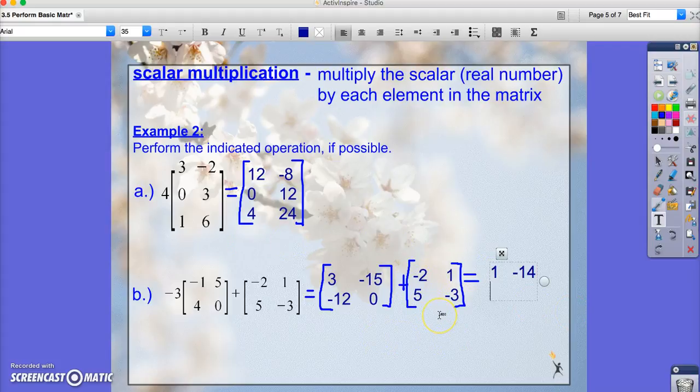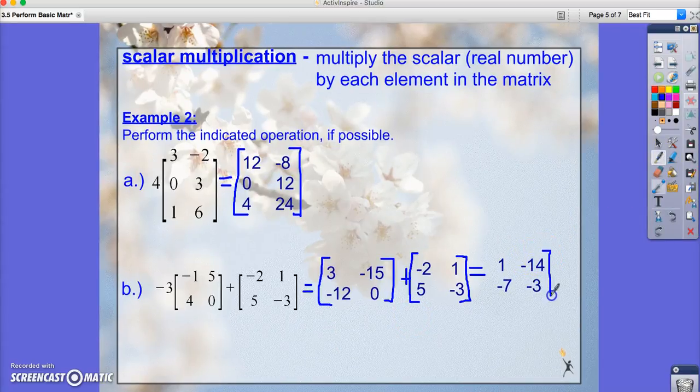Negative 12 plus 5 is negative 7. And then 0 plus negative 3 is negative 3. And after all that work, this is my final answer for my matrix. I'm going to box this one. So here's a combination of multiplying and adding them together. We get a new matrix.